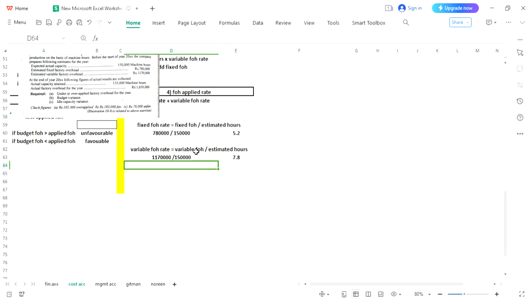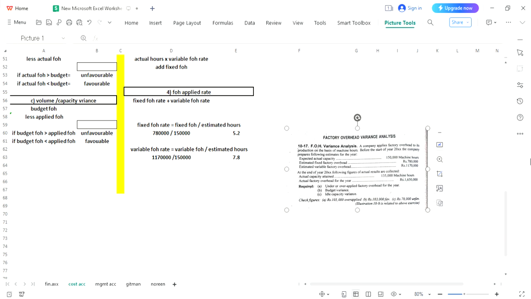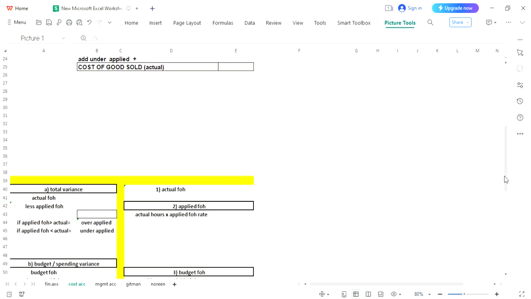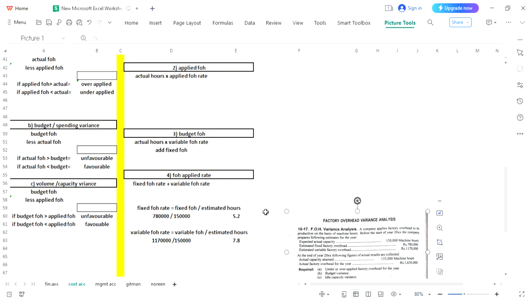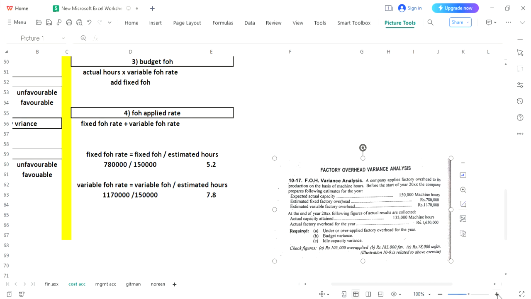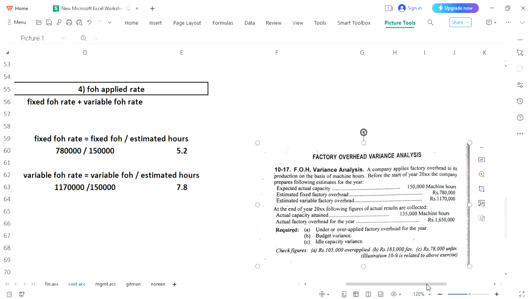You can see here this was your whole question, and the whole format of the question was like this, and you are solving this part. The last line of the question is present here. Okay, let's proceed next, and we will now solve the applied FOH rate completely.